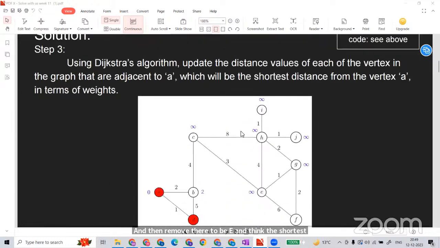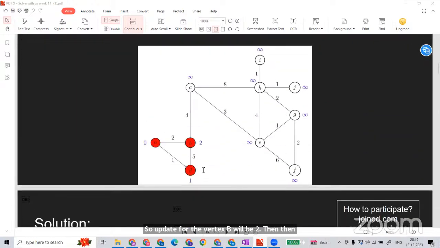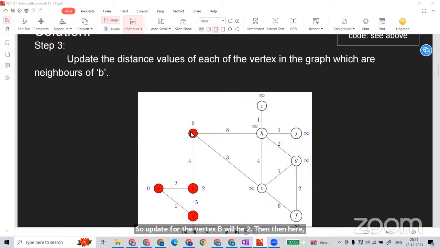Once we do that, the update will be: by this route it will be 6, but directly it will be 2. So the update for vertex B will be 2, then here, then here. Slowly everything will be written. Next step is going to be 6 here.